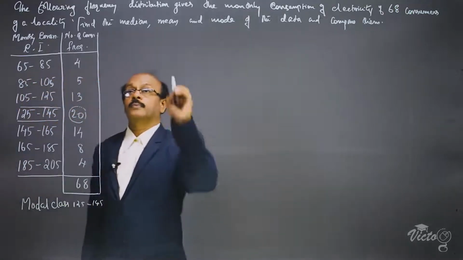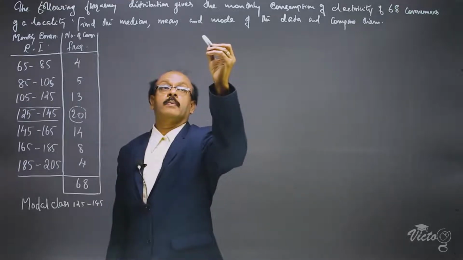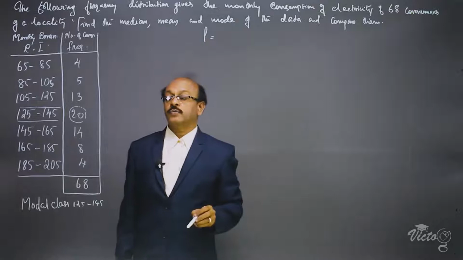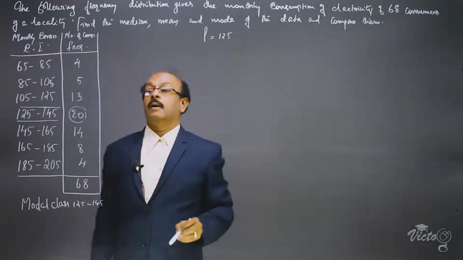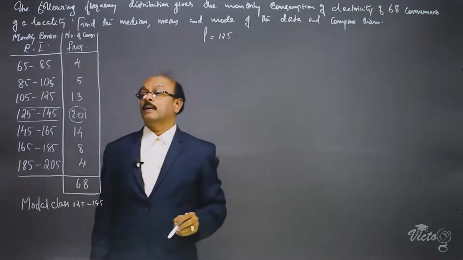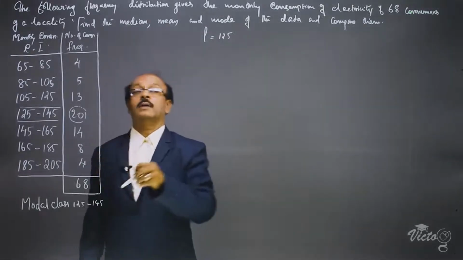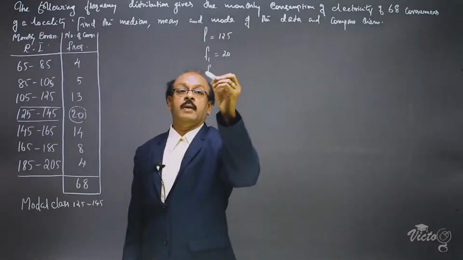Therefore, L, the lower limit of the modal class, is equal to 125. F1 is the frequency of the modal class, F1 is equal to 20.